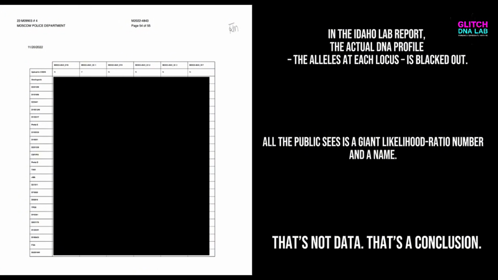The public gets a narrative line and a galaxy-sized number. One of the key documents is a page where the allele table, the rows of loci, and the numbers at the locus point is literally covered in black.